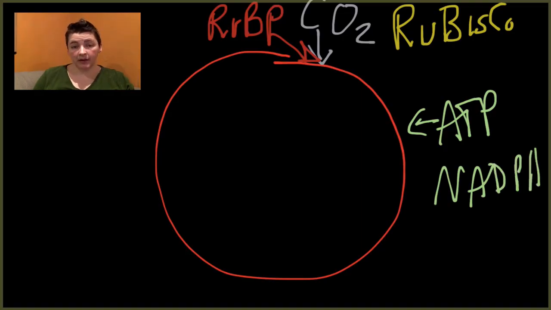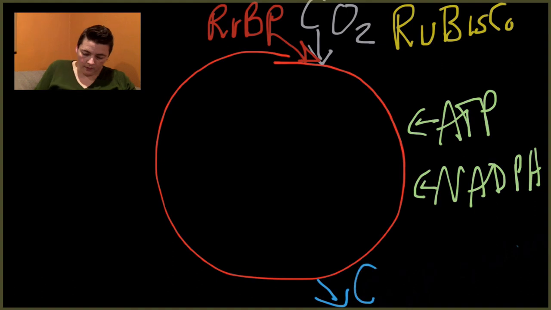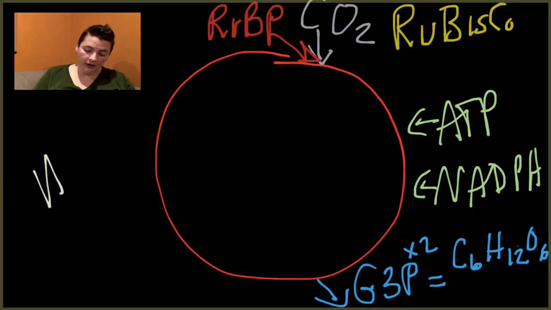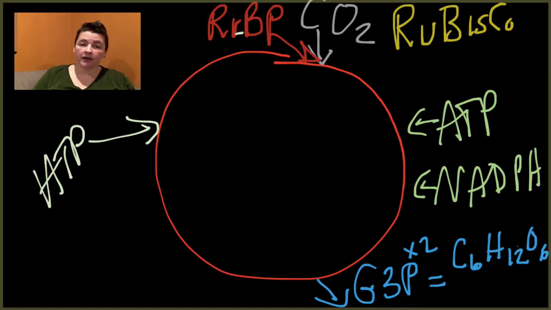This came from the light-dependent reactions in the thylakoid. We make our G3P. G3P is going to go on to make our glucose. So 2 G3P equals 1 glucose. We need to regenerate the RUBP, so we need to put in a little bit more ATP, and we'll regenerate that RUBP and start over again by fixing another carbon dioxide with the help of Rubisco.